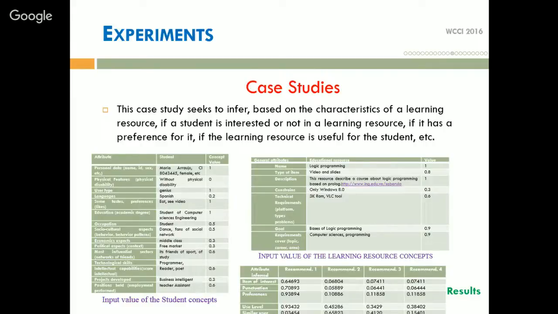But for another student and the same learning resource, we find the second column. For this type of student, we don't have much information, but maybe this learning resource is interesting. The punctuation is very good, the preference is very good, but for this student there are no similar students that have used this learning resource. This is the type of information that we can infer from our cognitive map.